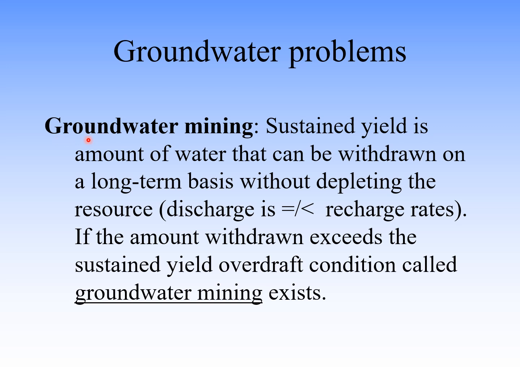So for groundwater mining, the sustained yield is the amount of water that can be withdrawn on a long-term basis without depleting the resource. That is, discharge is equal to or less than recharge. If the amount of withdrawal exceeds the sustained yield, it creates this overdraft condition called groundwater mining.